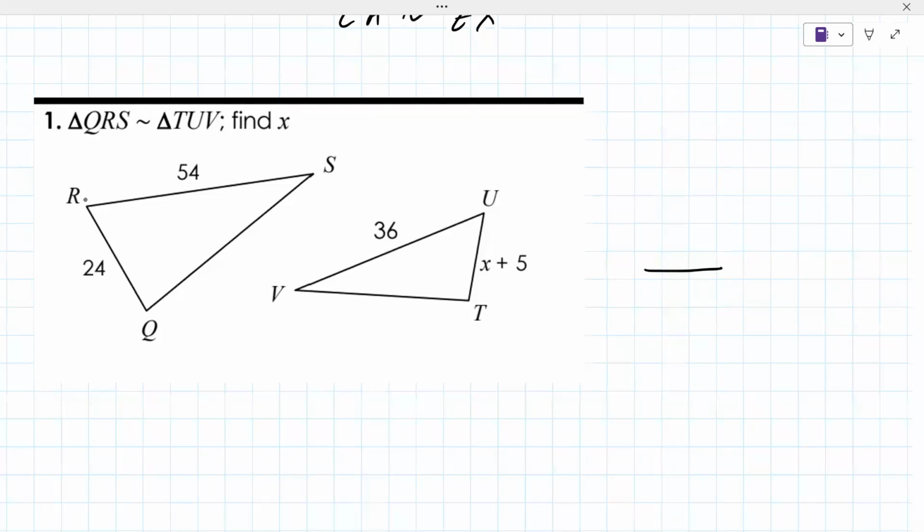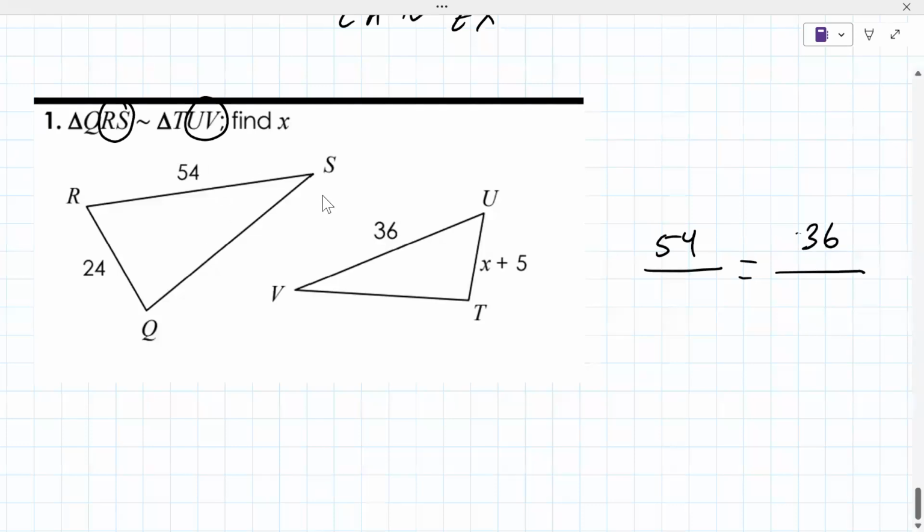Now we're going to set up a proportion in all of these triangles. RS is the second two letters, so it goes with U to V. So that 54 goes with U to V, which is 36. Now you have a choice. You can make the first proportion one triangle and the second proportion the other triangle. That's what a lot of students do.